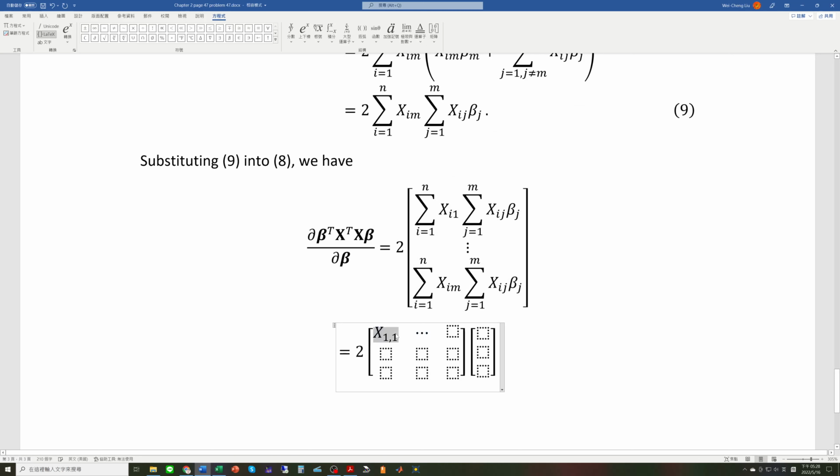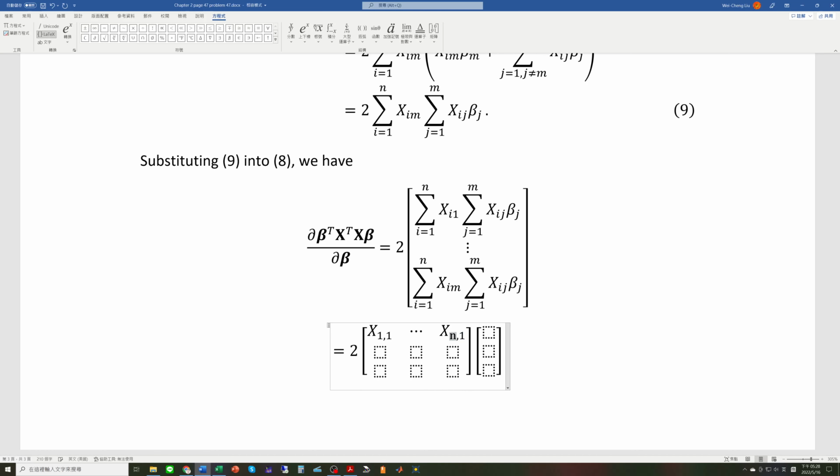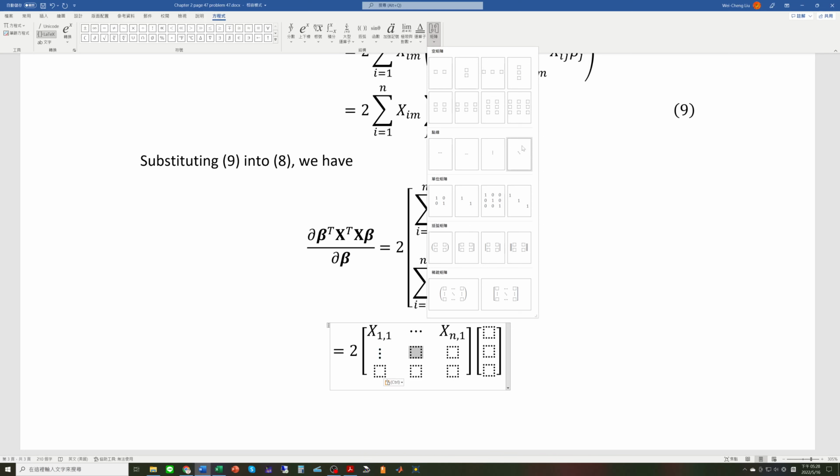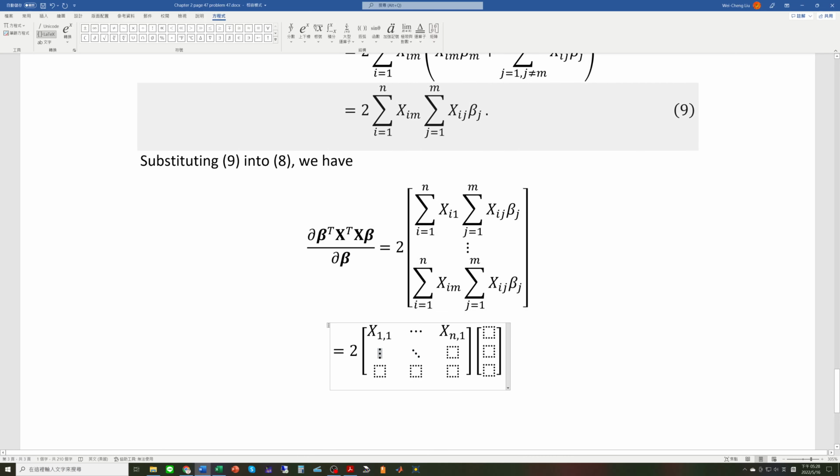The last element of the first row is i equal to n, so we need to change the first index to n. Like this. And so on. Here is the vertical dots, the diagonal dots, and also the vertical dots. Times this vector.